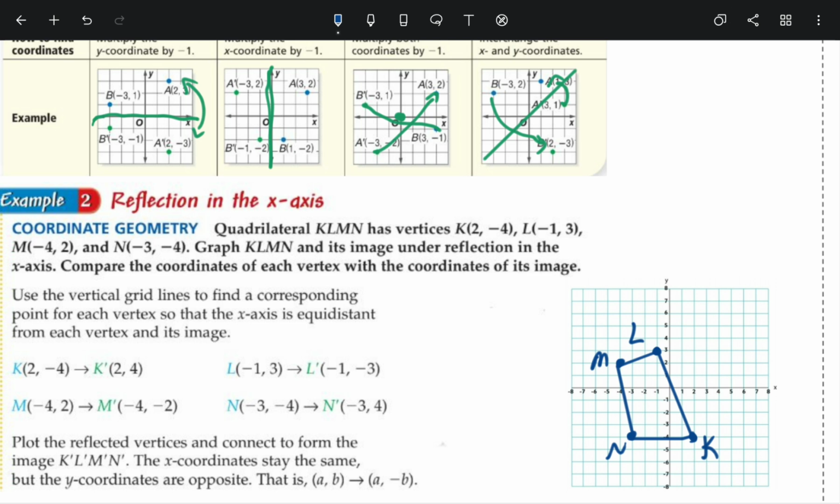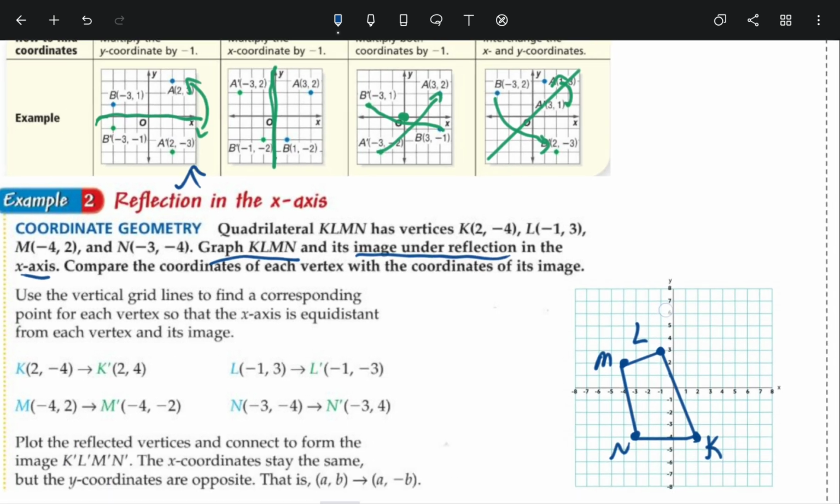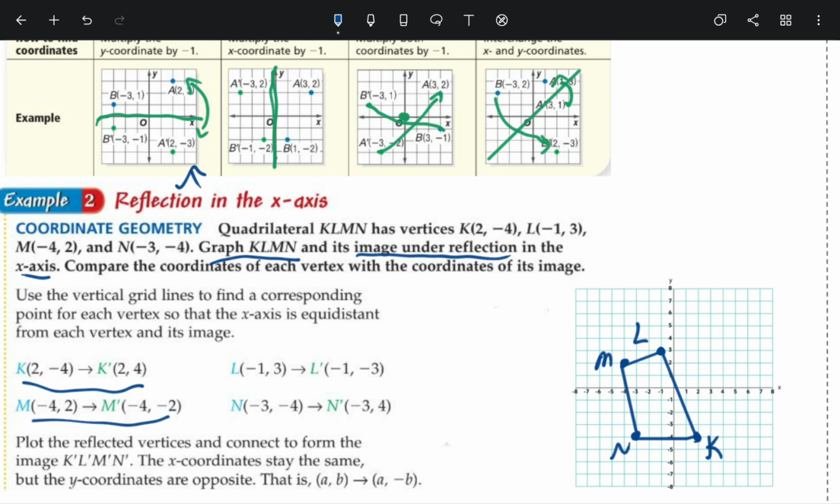And we want to graph the quadrilateral and its image, which is a reflection across the x-axis. So it's going to look like this guy right here. As we can see, the math's already done for us. All the x coordinates stay the same, but we do flip the sign of the y coordinate.